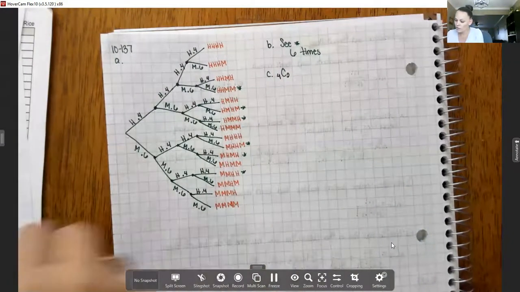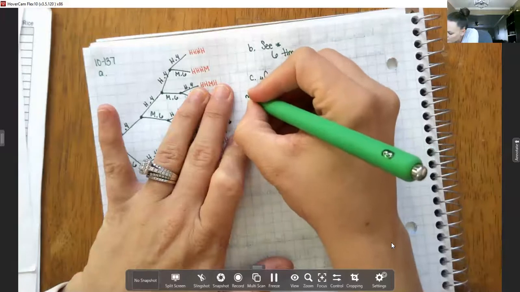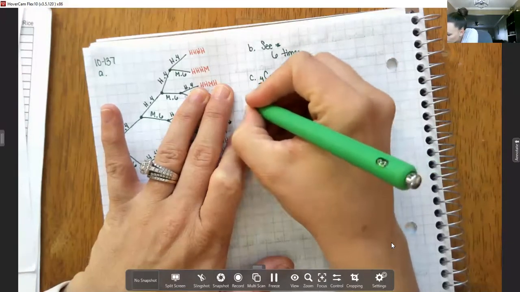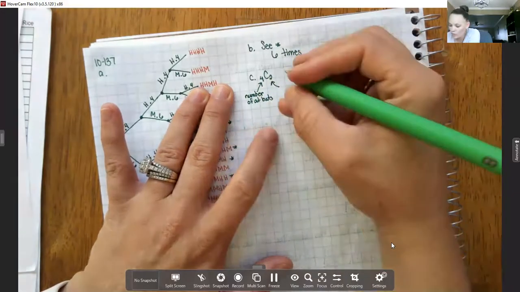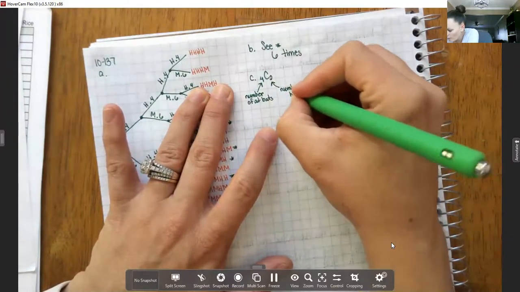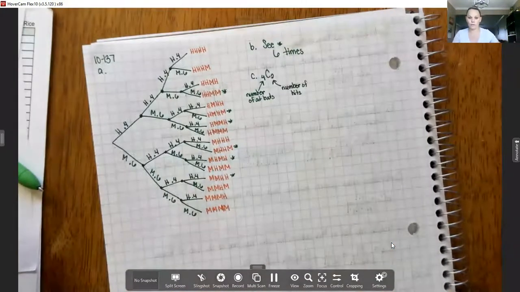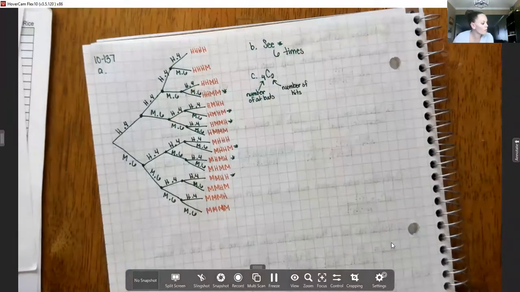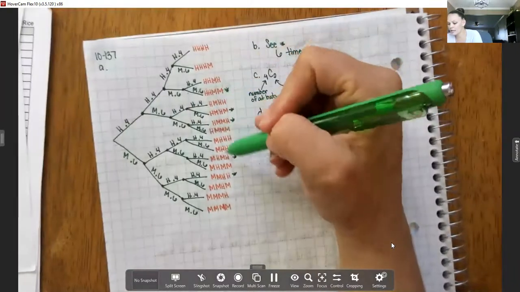Here, the 4 is the number of at-bats, and the 2 is the number of hits. So here we can see that there's 16 different possible outcomes.